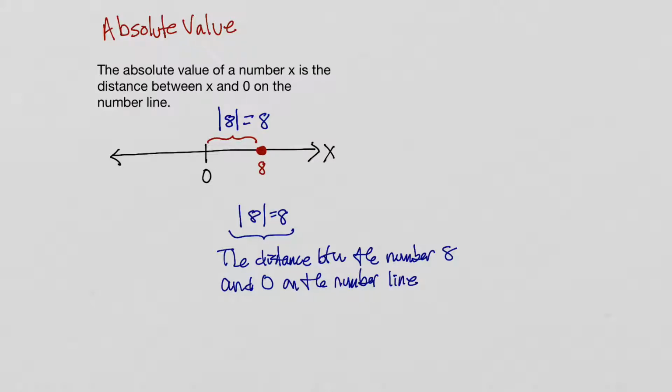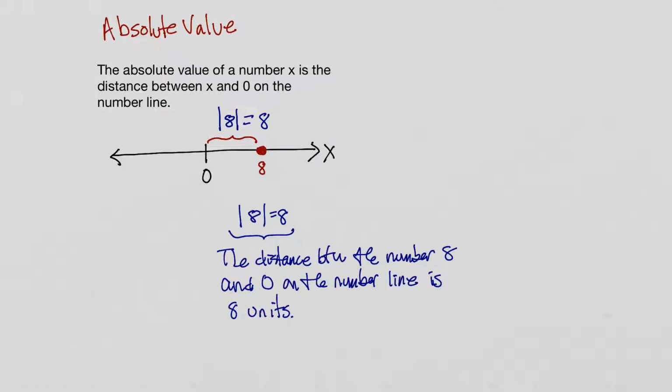And then we have the equal sign, so we'll write that as the word is. And then we come to 8, so we'll write that as 8 units. So when we read this entire statement, it says the distance between 8 and 0 on the number line is 8 units.